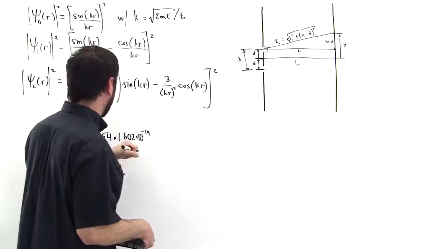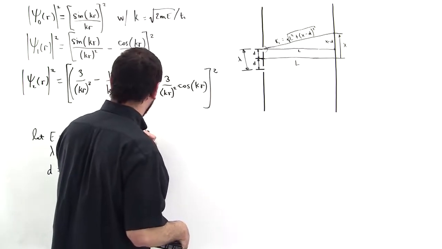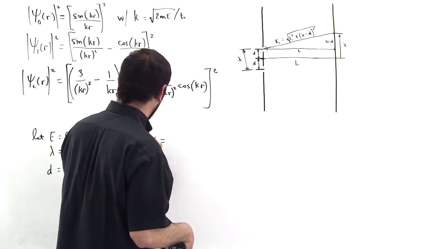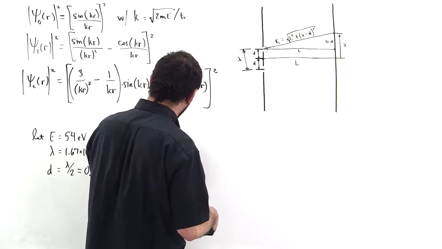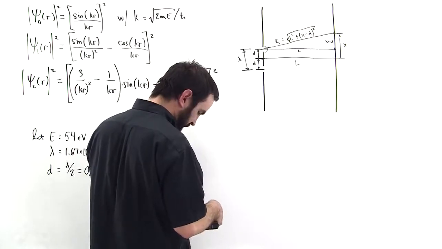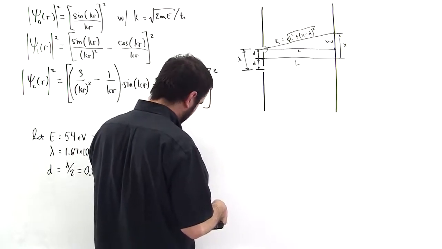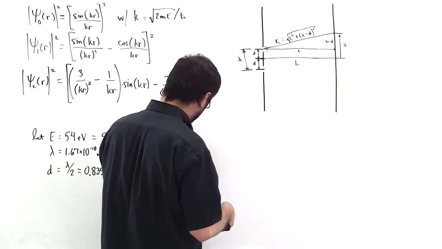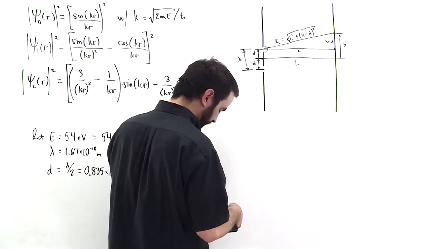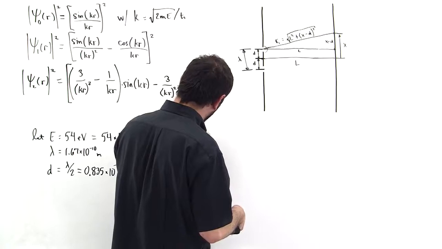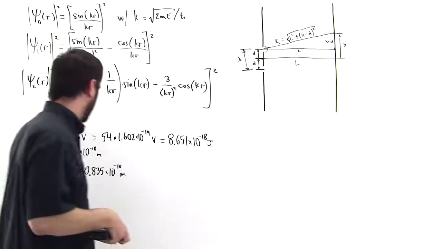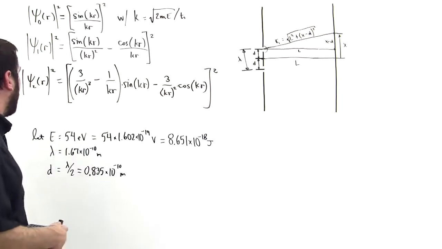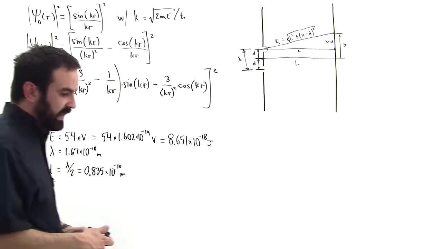That comes out to be 8.651 times 10 to the minus 18 joules.